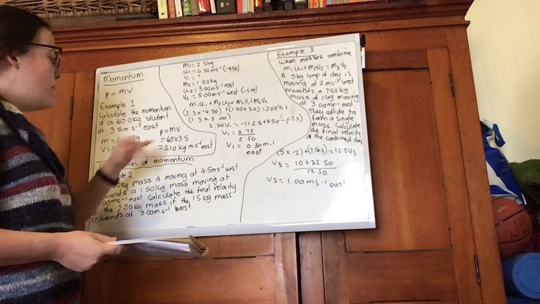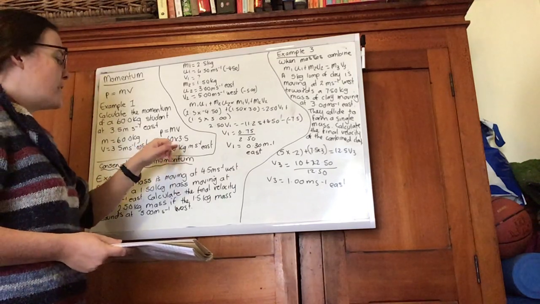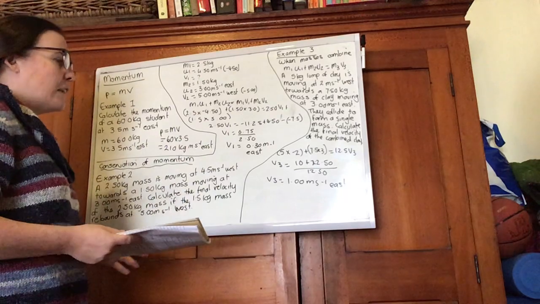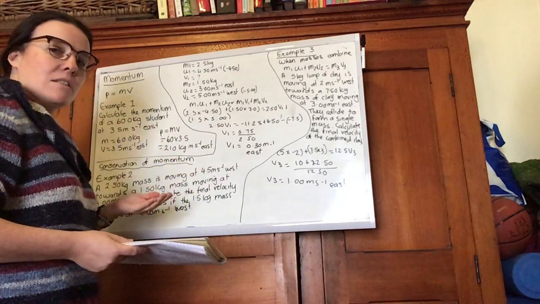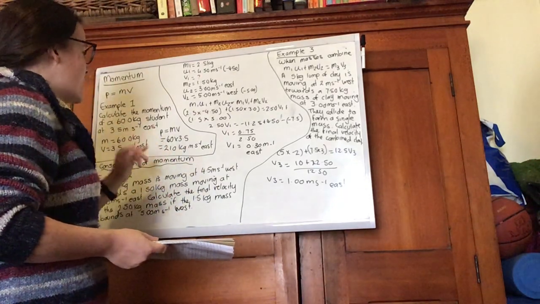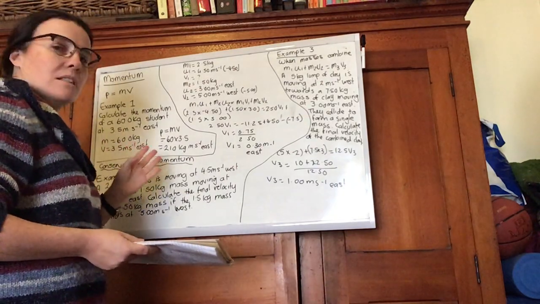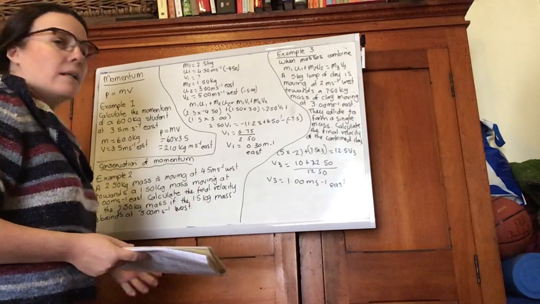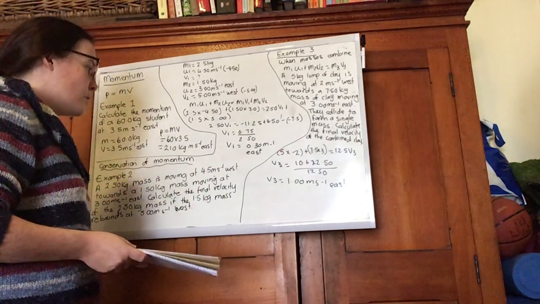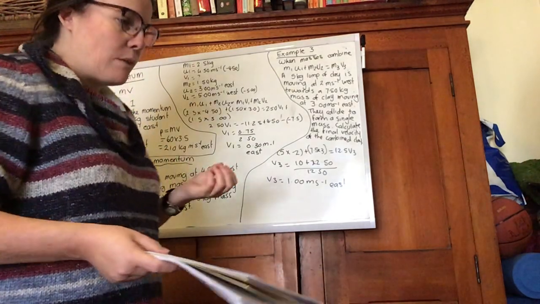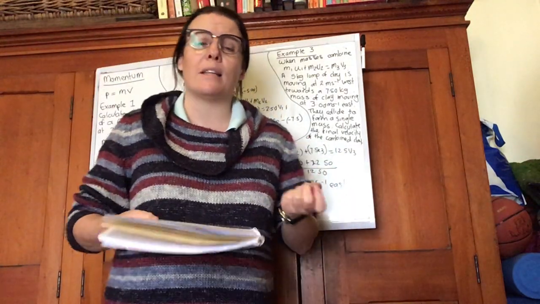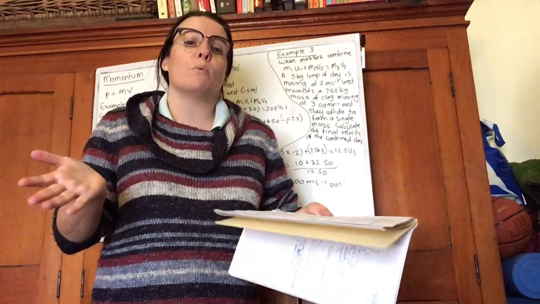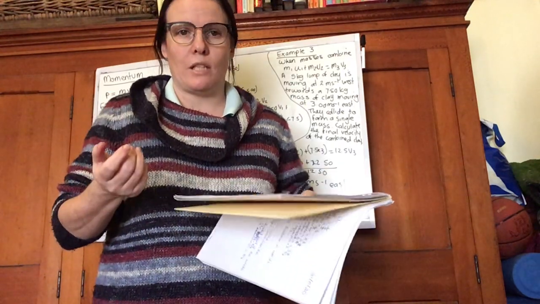So we get a momentum of 210 kilogram meters per second to the east. So momentum is a vector and does require a direction as well as a magnitude. All right. That's a fairly simple, straightforward calculation. It's a fairly simple formula for that one. That's when we just want to know about momentum.